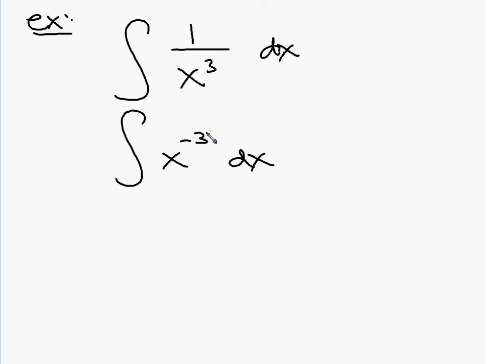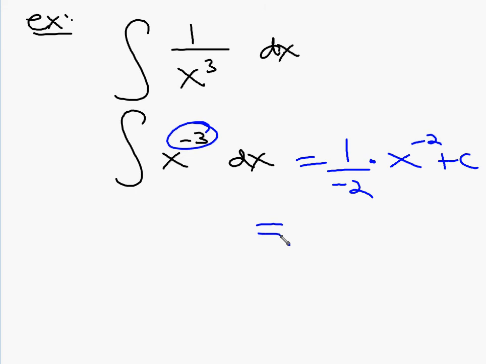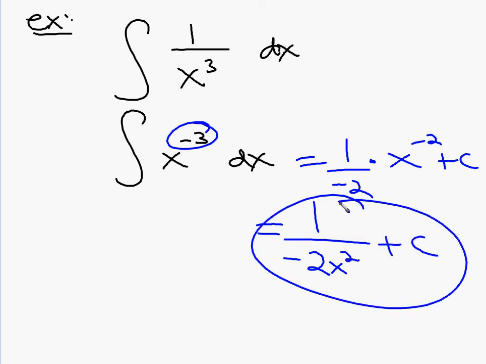Add 1 to the negative 3. What is it? So this will be x to the negative 2 times 1 over negative 2. There you go. Problem's done, but I need to put plus c. Now, could I write that a little bit better? I think we could write this as 1 over negative 2x squared plus c. I think that's a little bit better looking answer.